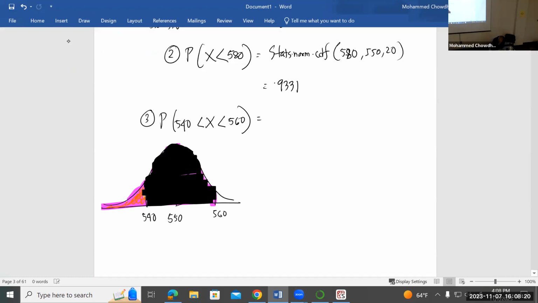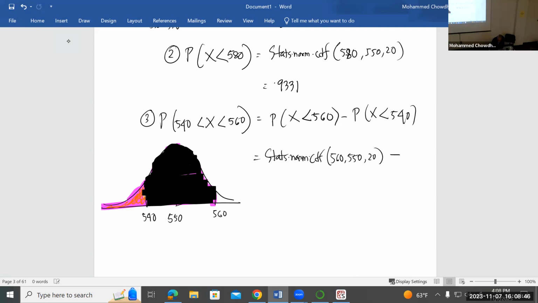Probability of X less than 560 minus probability of X less than 540, which I can write as stats.norm.cdf of 560, 550, 20 minus stats.norm.cdf of 540, 550, 20. That's it.